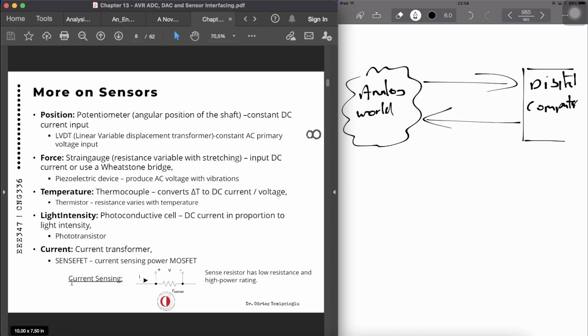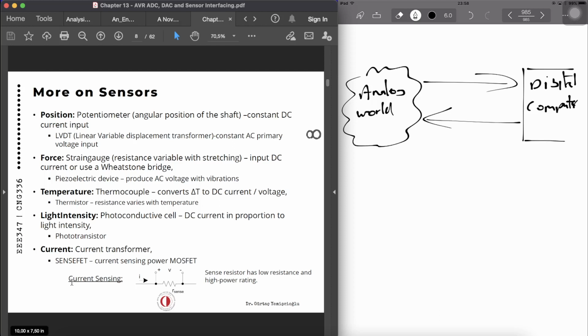And we can give some examples of these sensors, like position sensors. Probably you're all familiar with these. You can find them in your mobile phones, in your smartwatches, or any type of system that has digital electronics.